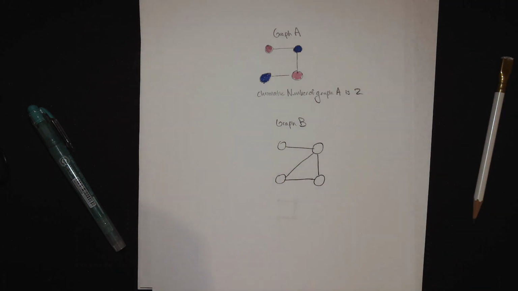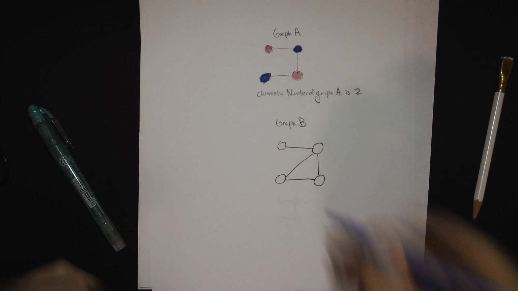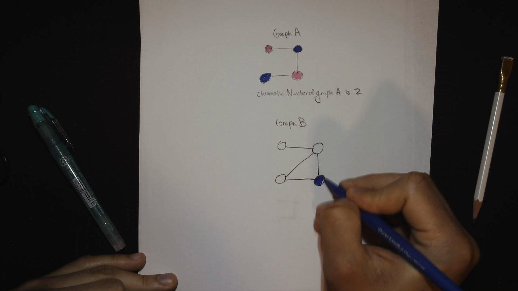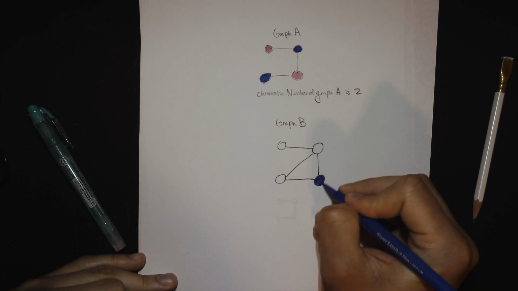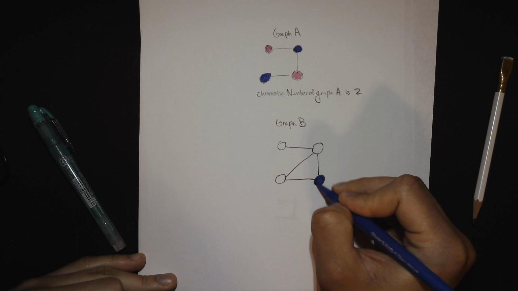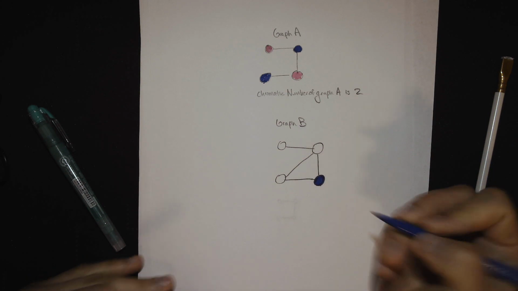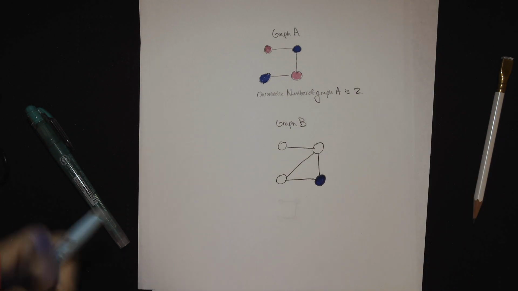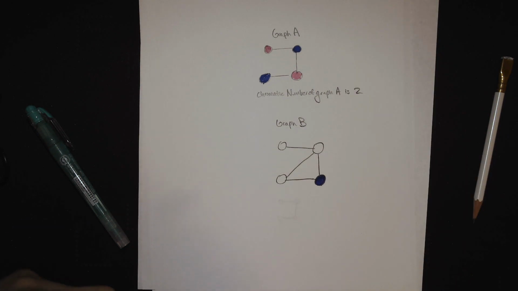All right, let's see. Okay, so let's say we color this vertex here blue. So I'm just noodling around to see how few colors I can use to color this graph and have adjacent vertices of different colors. All right, so we can color this blue, right?